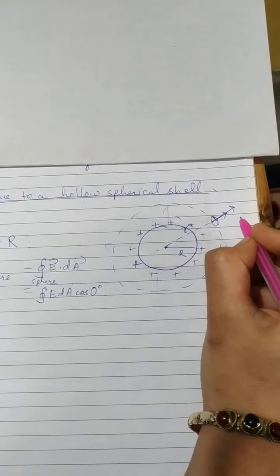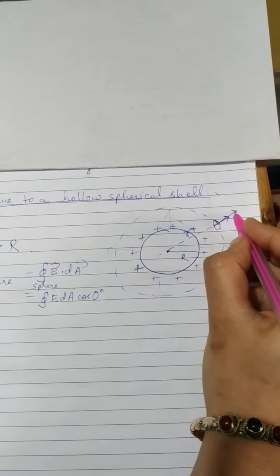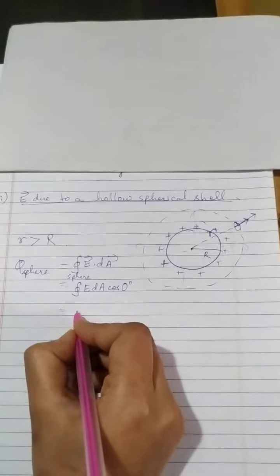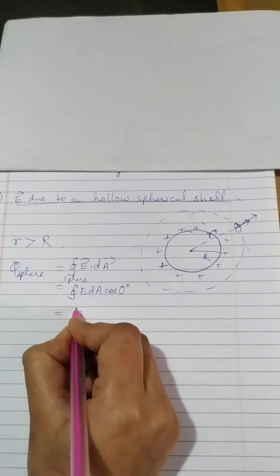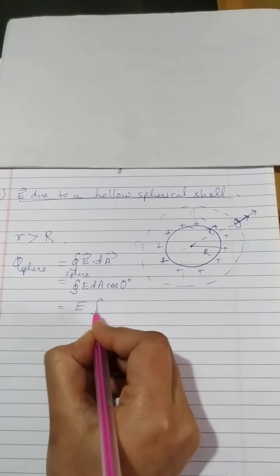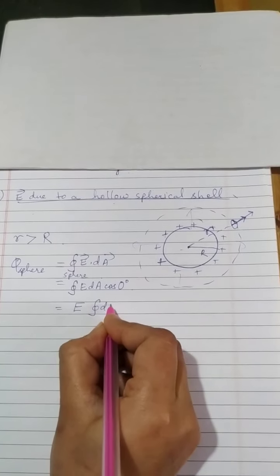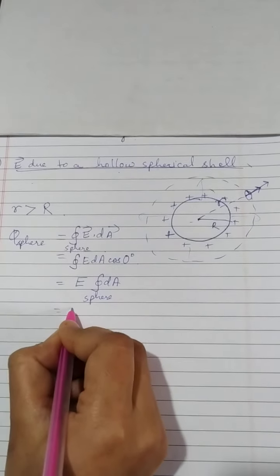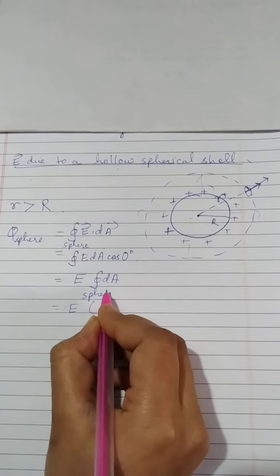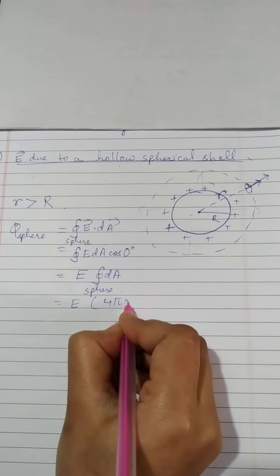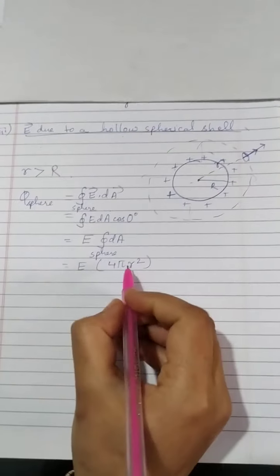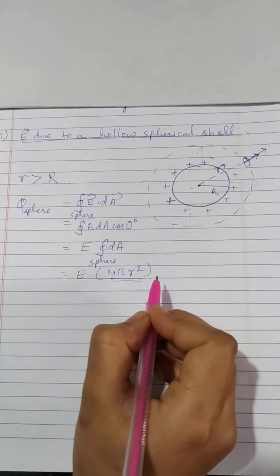So at each and every point the angle between E and dA will be equal to 0 degree. Considering again it to be a uniform electric field, let's take E out of the integration sign. So it will be integration of dA over the entire sphere. And you know the total surface area of a sphere is equal to 4 pi r square. When you integrate small areas, you'll be getting a big sphere whose surface area is 4 pi r square.